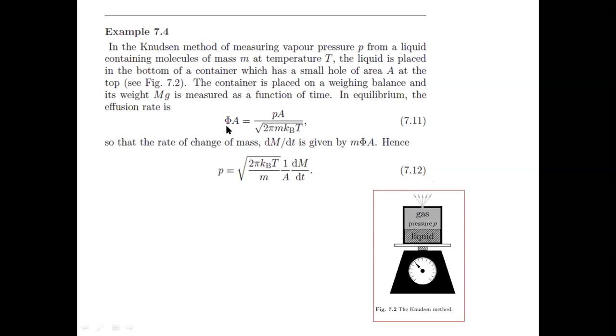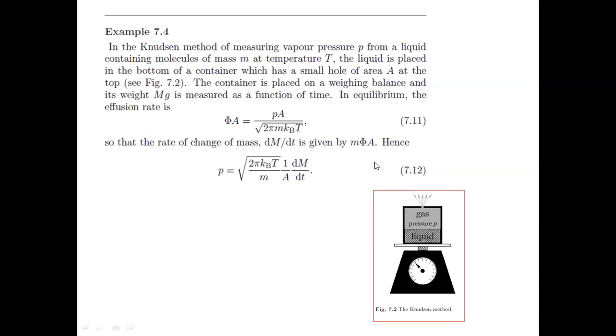In equilibrium, the effusion rate is phi A, the flux multiplied by the area, equal to P over the square root of 2 pi m kB T times A. Remember it's the same equation, but we multiply both sides by the area, so that the rate of change of mass dm/dt is given by m phi A. Hence the pressure equals the square root of 2 pi kB T over m times 1 over A times dm/dt, where dm/dt is the rate of change of mass.